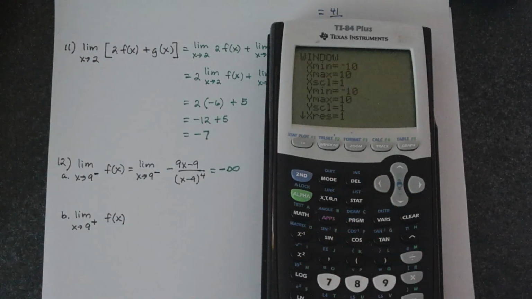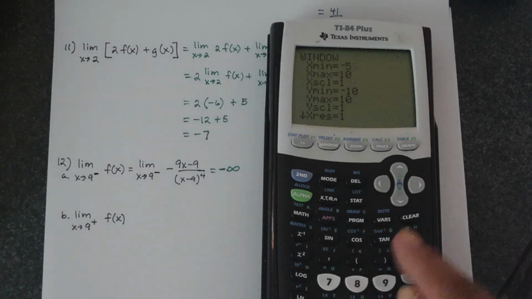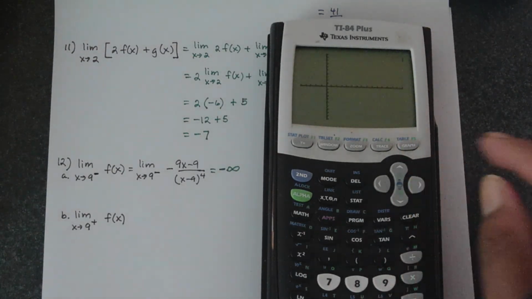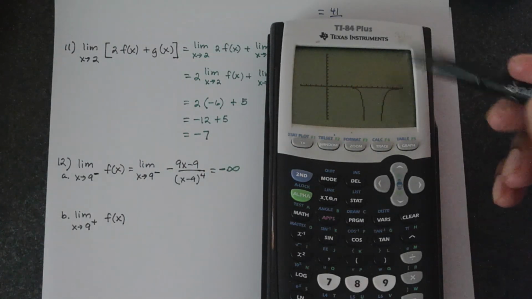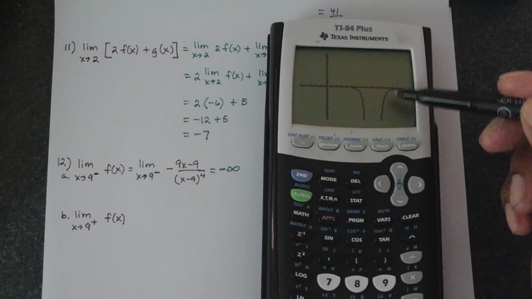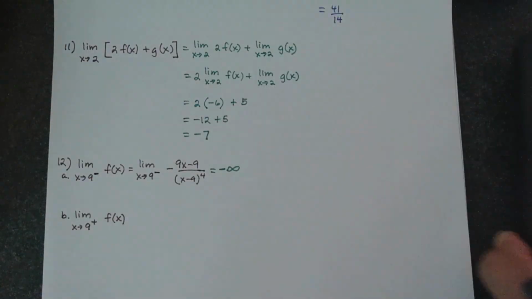The x, I'm going to do from -5 to 15 on the scale of 1, and let's see what happens there. So it's still a negative. Negative, yeah. Because to the right of 9 it's going downward, so it's going to be negative infinity as well.